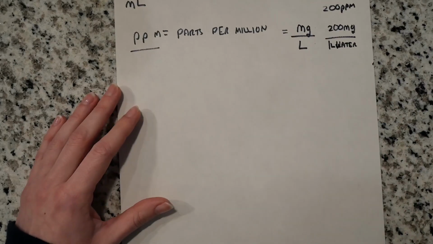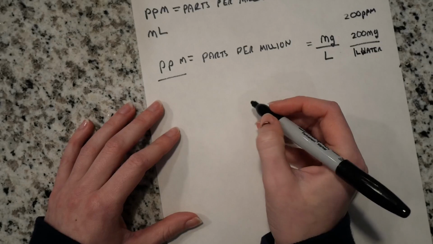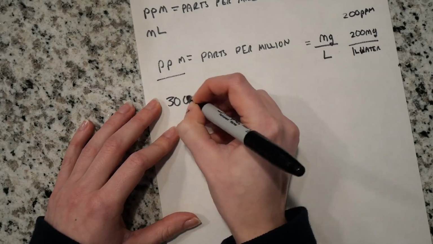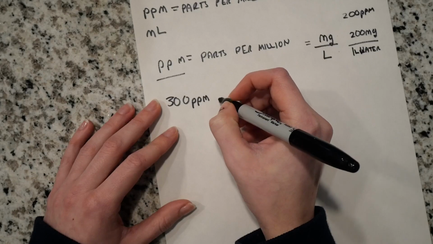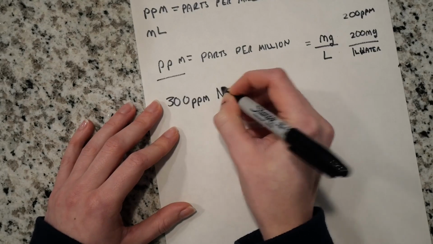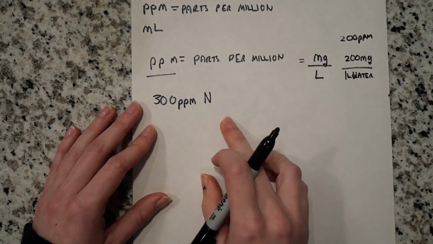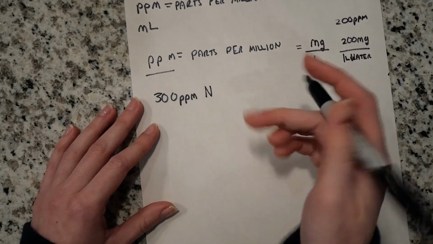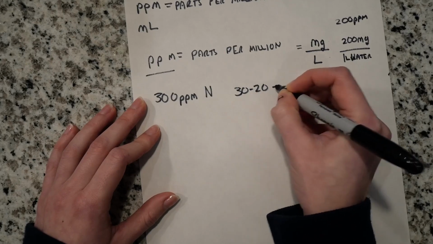So let's do a basic equation with this. So let's say we've got that 300 parts per million. Let's just go ahead and start with nitrogen for now. So let's say a tomato plant needs 300 parts per million nitrogen. And we've got our 30, 20, 0 fertilizer.